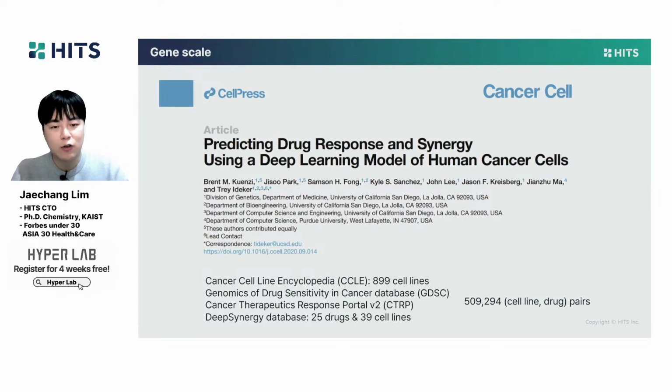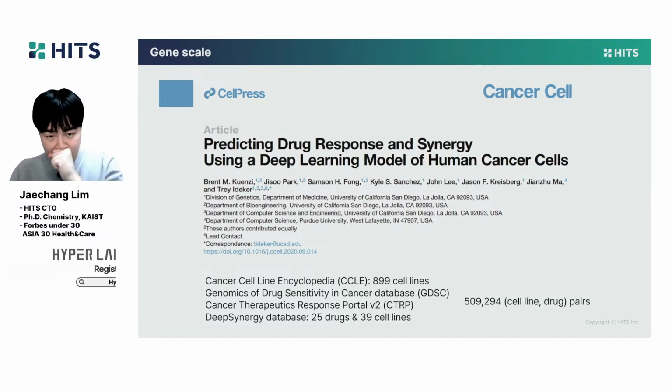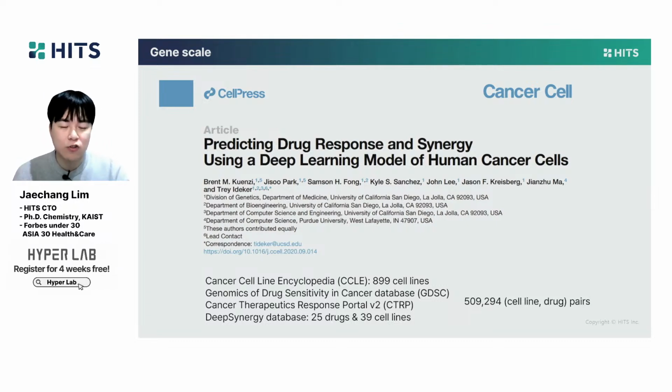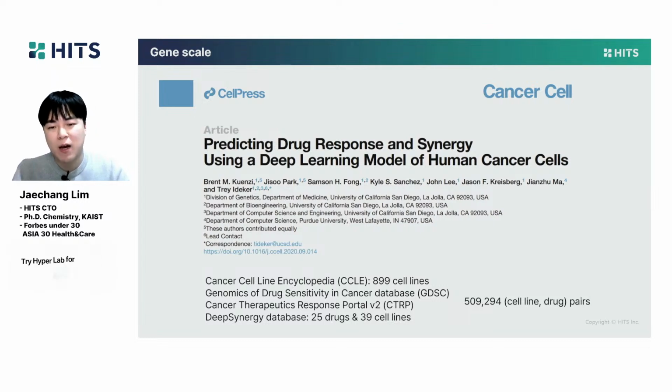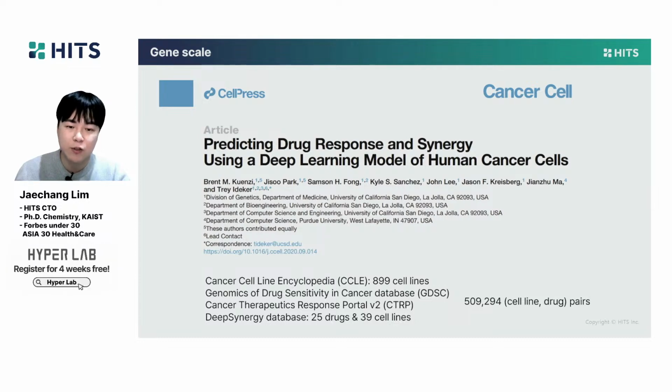And this study used two important inputs. The first one is the genotype of cancer cells, and the second one is the drug structure. And by combining these two, it predicts the drug response in cells through deep learning.